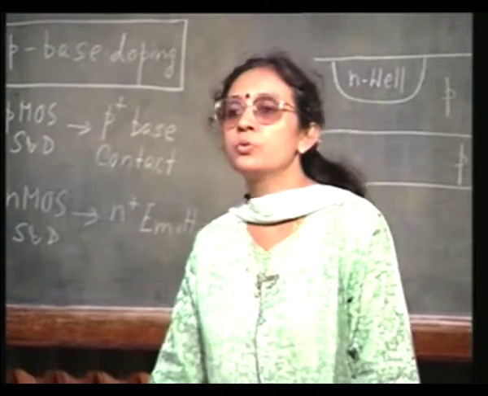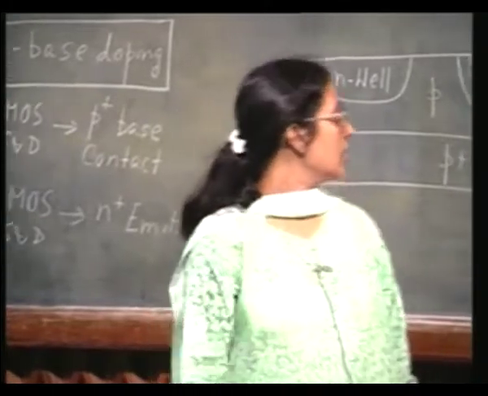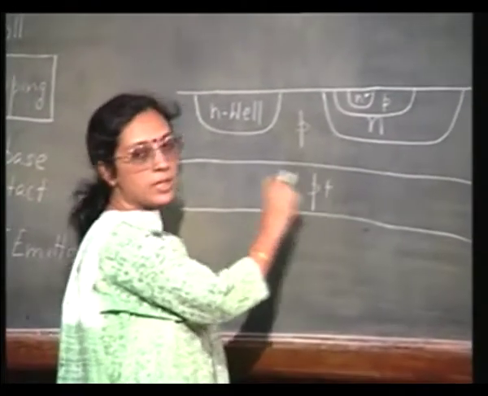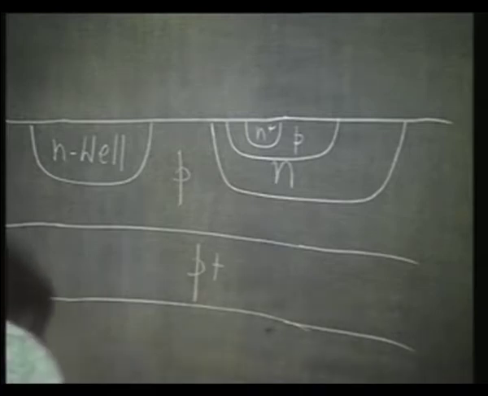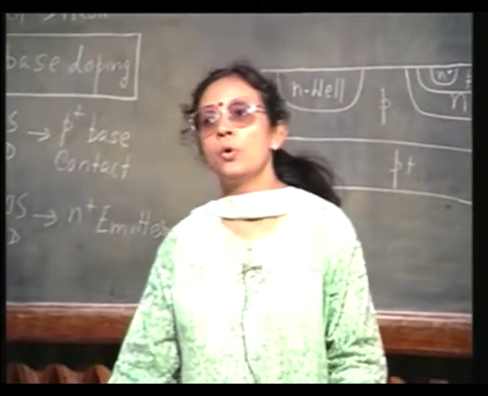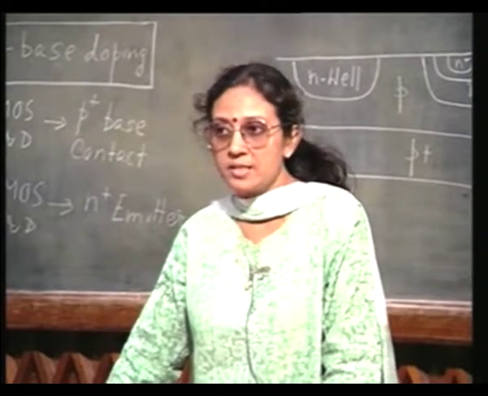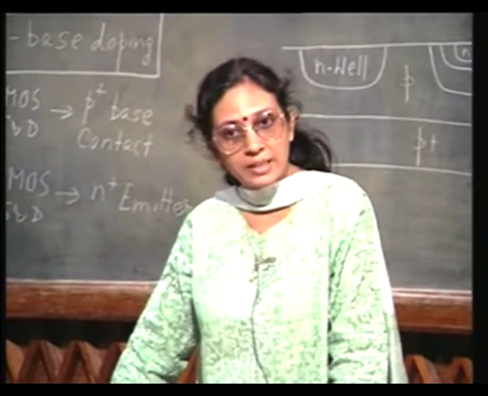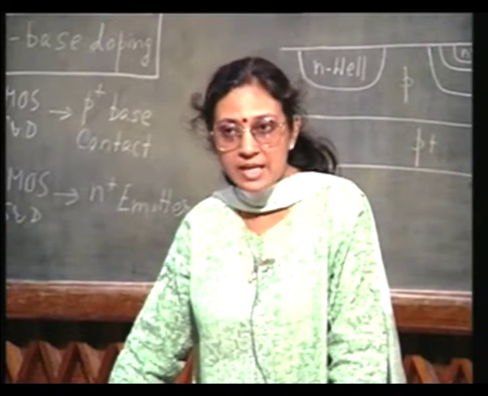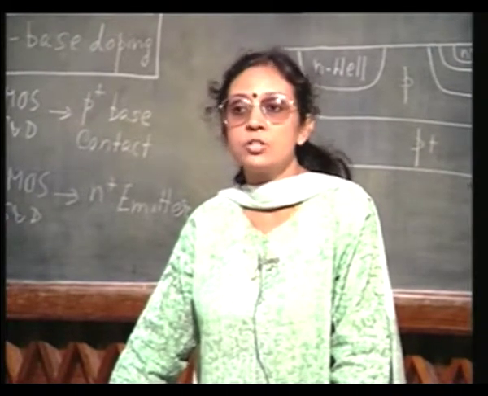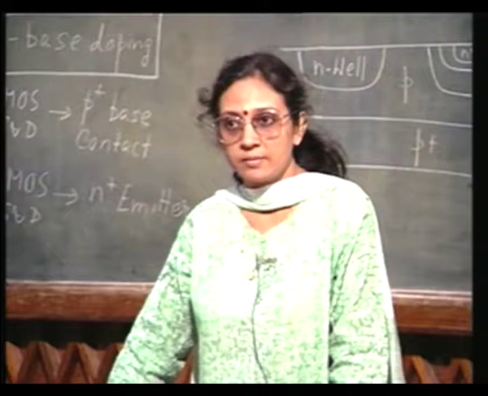So, what we should do is, instead of using a P on P plus substrate, let us use a low doped substrate, a P minus substrate, have the buried layer first and then have the NOLs aligned to these buried layers.